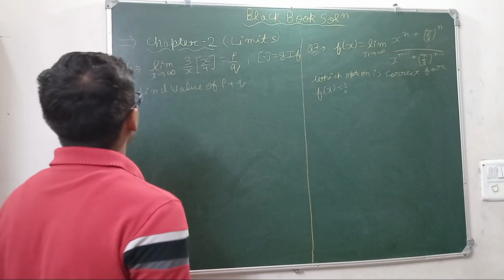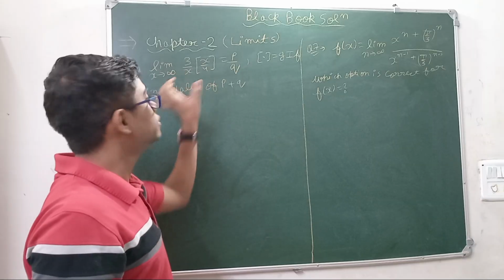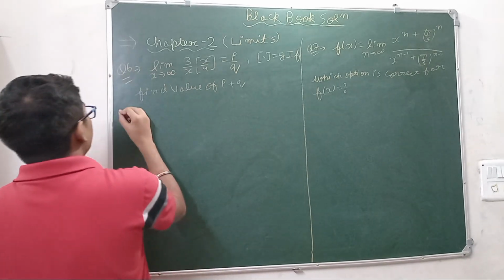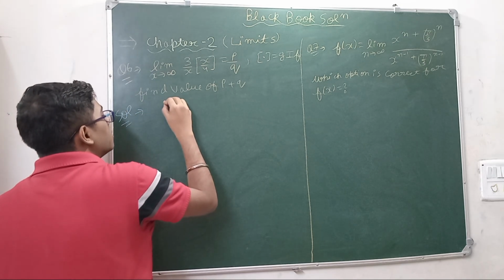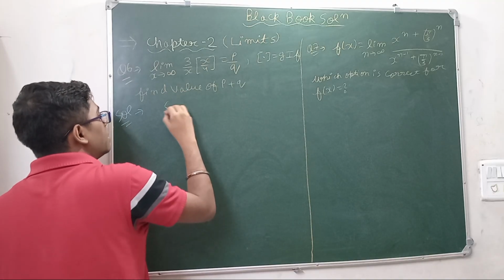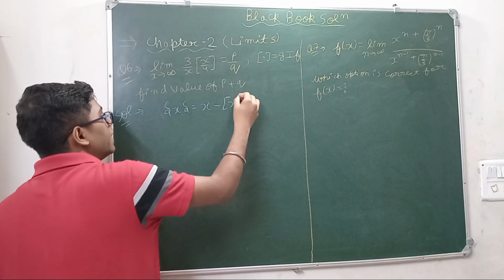Question number 6 is saying limit x tends to infinity, 3 by x, greatest integer of x by 4 is p by q. You have to find the value of p by q. It's very simple. You know one property, that the fraction part of x is x minus greatest integer of x.